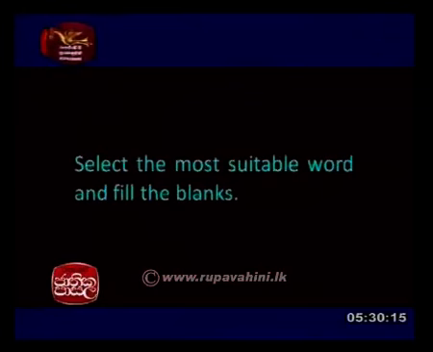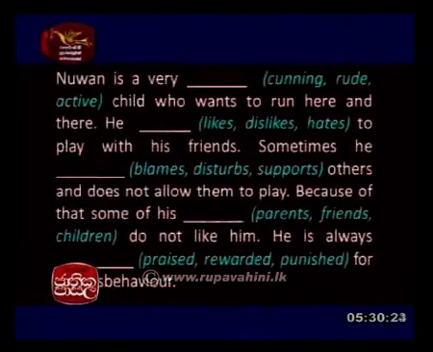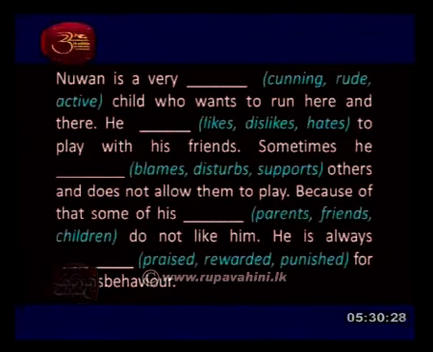Now let us discuss it. Now here 3 words are given. You have to select the most appropriate word. Let us read the instructions first. Select the most suitable word and fill the blanks. Nuan is a very blank (cunning, rude, active) child who wants to run here and there.